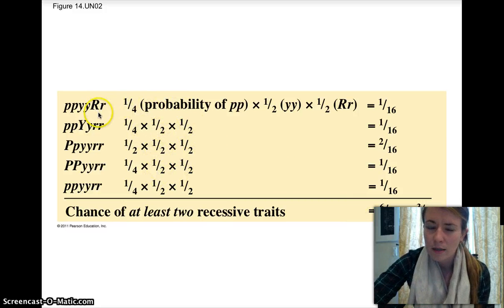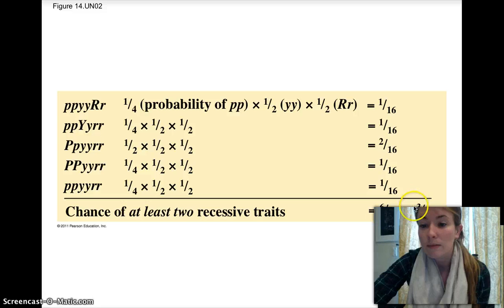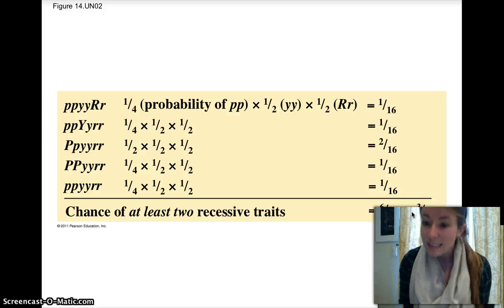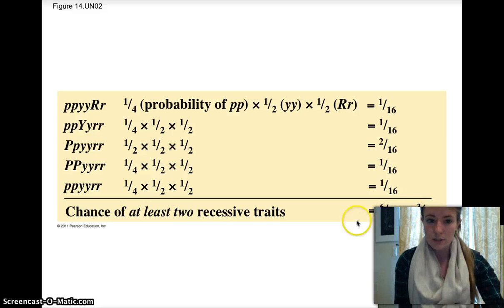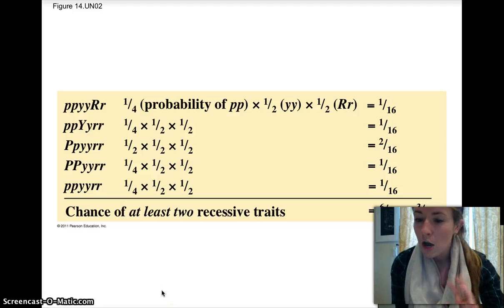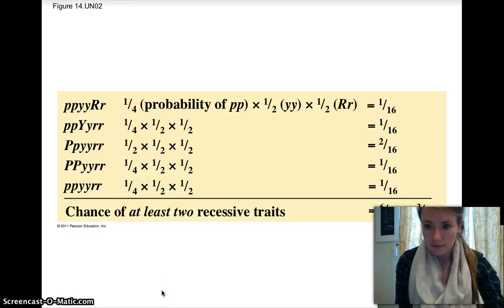You can't be big P, little y, big R, and homozygous recessive for all of them. That's why we add them up at the end, and we get 6 out of 16, or 3/8. So 3/8 is the probability that you'll be recessive for at least 2 out of the 3 genes. Read it in your textbook and try to work it out to see if you can get the same answer.